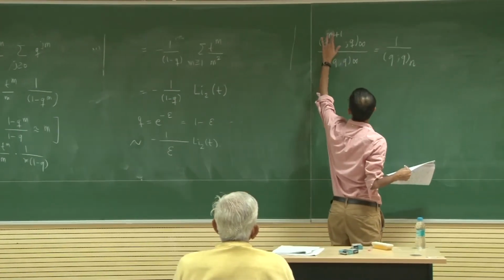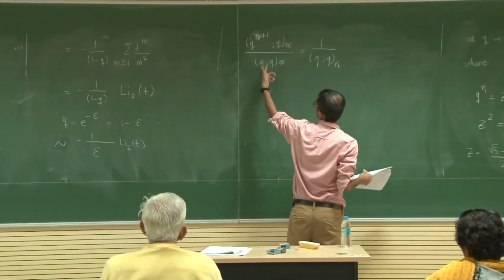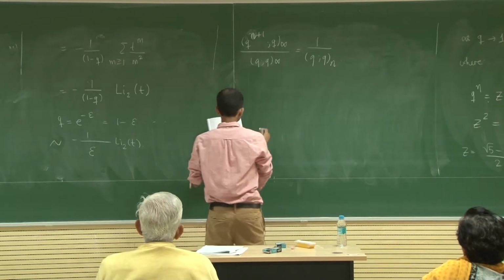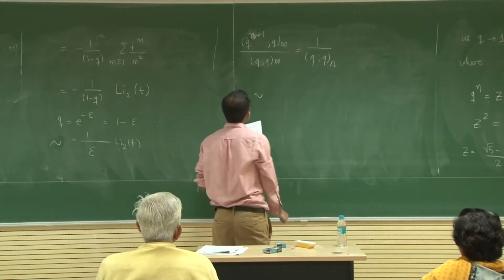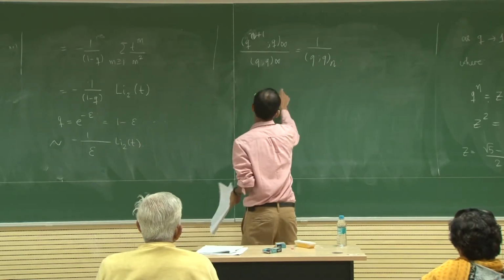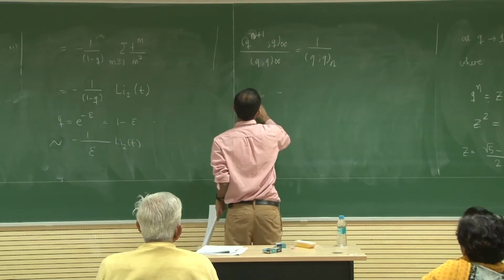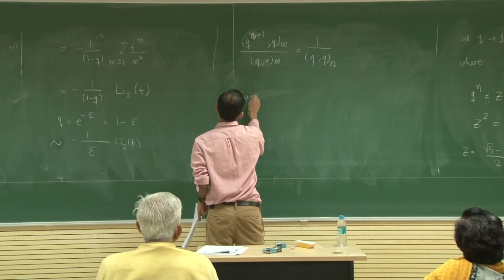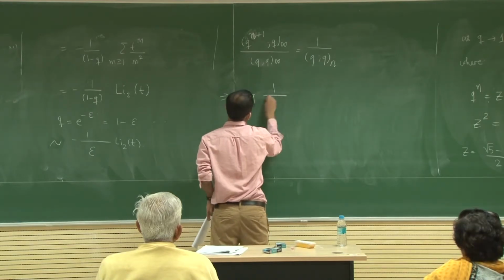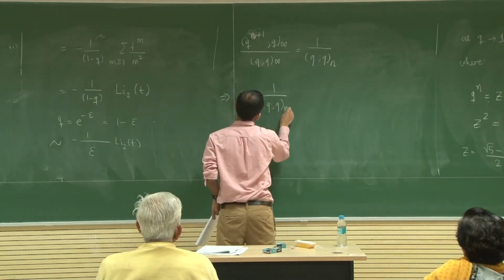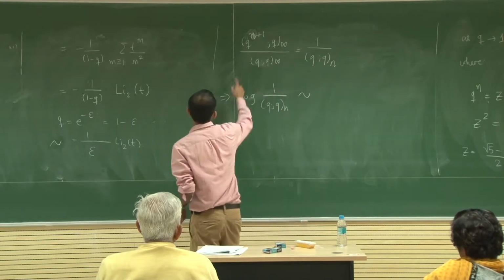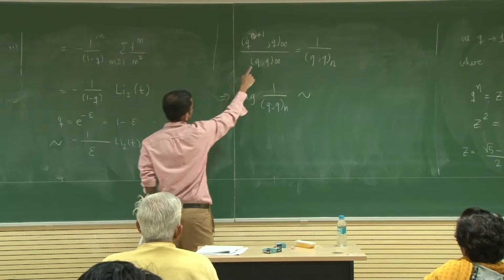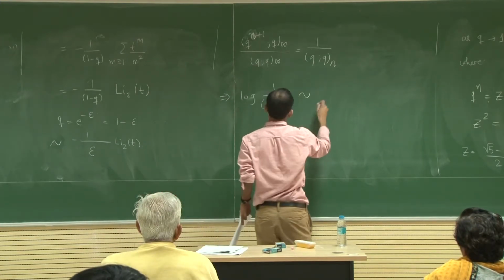N was the summand where you got the biggest one. I'll divide by this. You get this, which you saw in that summand. So what is this? Now we know what this is. This is minus, okay, so log of this. I'll just take t equal to q to the n plus 1 here. I'll take t equal to q and subtract.